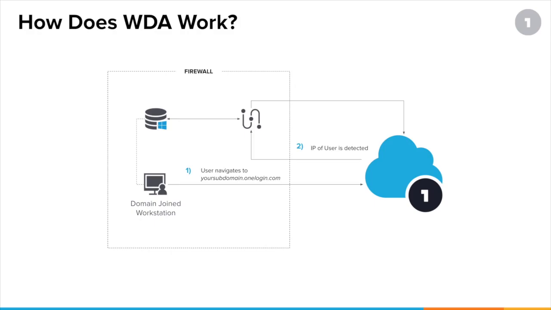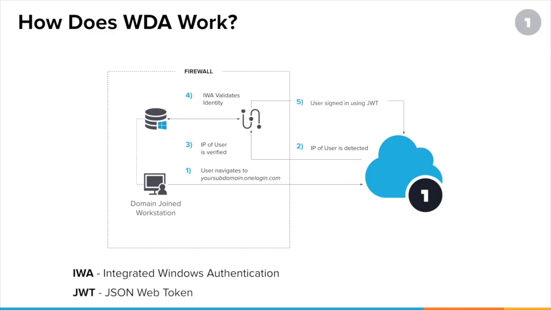And if the IP address is within a predefined range that you've configured, OneLogin will send a request through the Active Directory connector, which is that squiggly line there, over to the domain controller, where it's going to verify that the user's logged in with their AD credentials. So it's using Integrated Windows Authentication, or IWA. As long as it's able to validate that Integrated Windows Authentication, then it's going to generate a JWT or JSON Web Token, and send that request over to OneLogin.